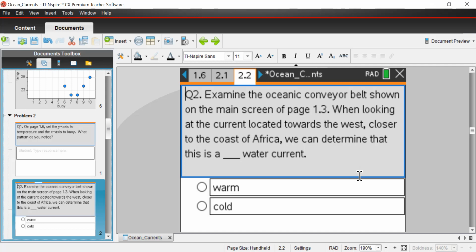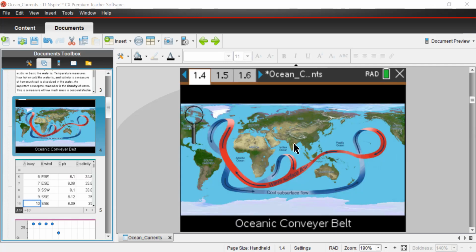Question 2, examine the oceanic conveyor belt shown on the main screen of page 1.3. When looking at the current located toward the west, closer to the coast of Africa, we can determine that this is a blank water current. So is it warm or cold? So going back to the image of the oceanic conveyor belt, we said looking toward the west, not the west coast of Africa, but actually the east coast of Africa, but just west of where we were.